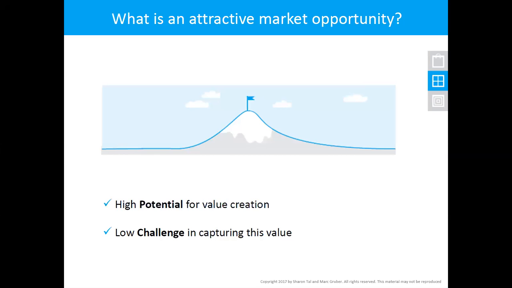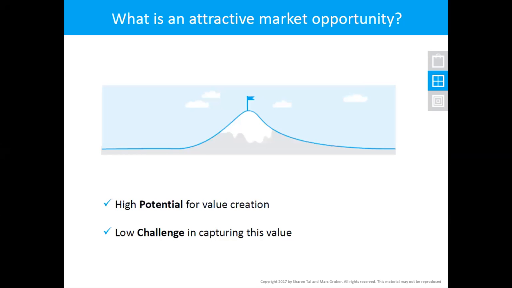But we're also looking for a mountain that we can actually climb and conquer and put the flag on the top, meaning one that has manageable challenge in capturing the value. So an attractive market opportunity is an opportunity that has high potential and manageable challenge.